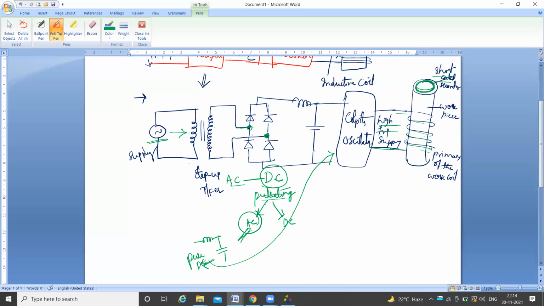The output of the bridge rectifier is connected to the filter, which eliminates AC ripples and allows only the DC signal. This high voltage DC signal is applied to the Colpitts oscillator, which generates a high frequency and high voltage signal that is applied to the coil.